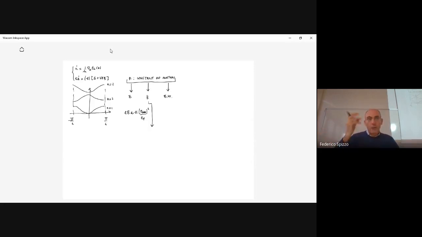So the equivalent of the energy transmitted to the electron, even if it's not correct to say it this way, because if you apply a magnetic field to an electron there is no change in its energy, is h bar omega c, much smaller than the energy gap squared divided by the Fermi energy.